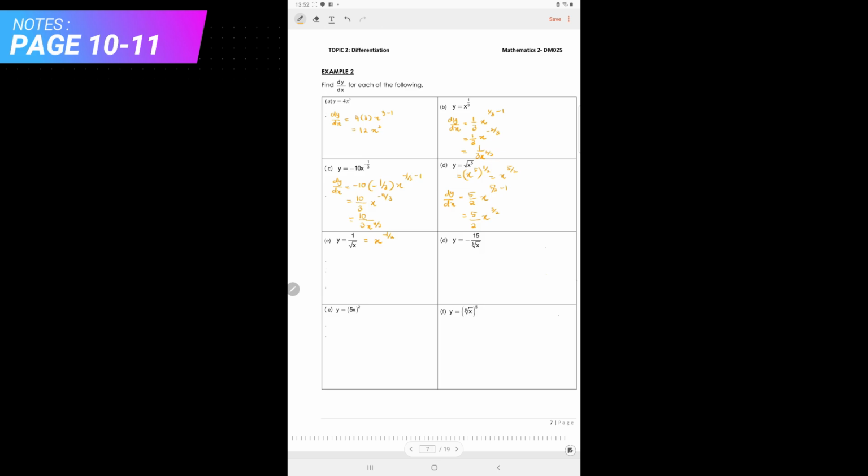Okay, so you differentiate, akan dapat negative 1 over 2 x to the power of negative 1 over 2 minus 1. So you akan dapat negative 1 over 2 x to the power of negative 3 over 2, which is saya letak bawah terus, so jadi positif lah power.